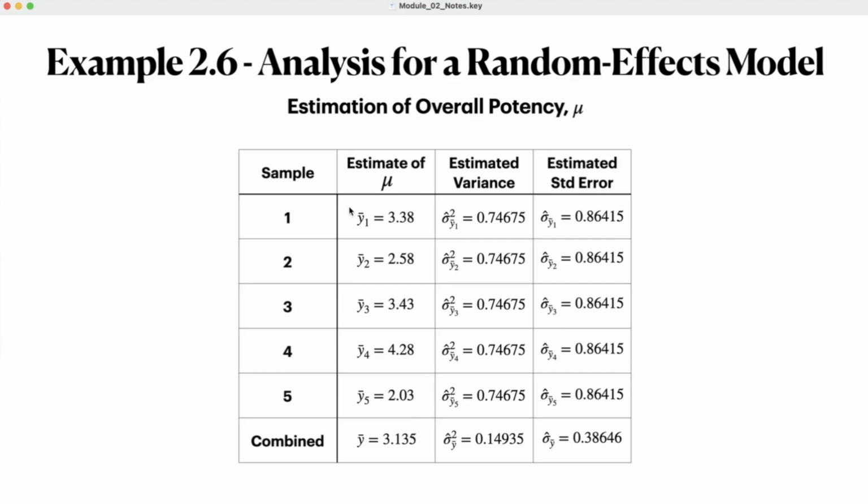Now remember that each of these provides an unbiased estimate for mu. When we combine all the data, we get a combined estimate of mu equal to 3.135. This also is an unbiased estimator for mu, the overall potency across all production vats for that month.